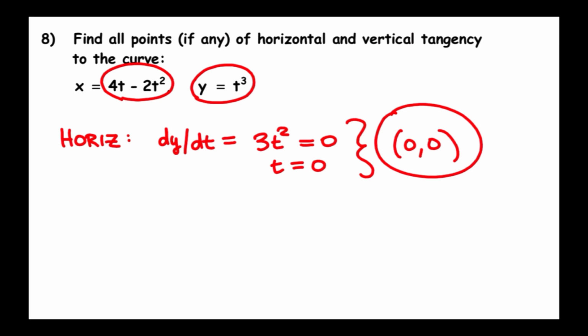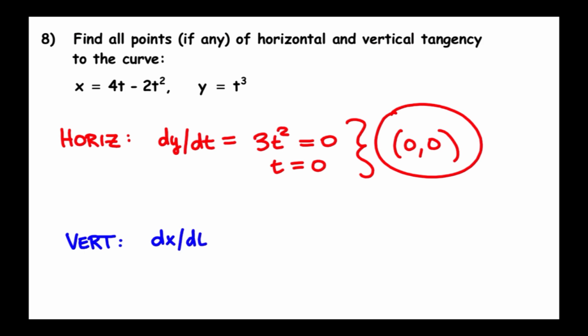Okay, now let's get the vertical tangents. Obviously, in this case, we want dx/dt to be 0. dx/dt, if you take the derivative up here, would be 4 minus 4t. You set that equal to 0 and solve it. t will come out to be 1.